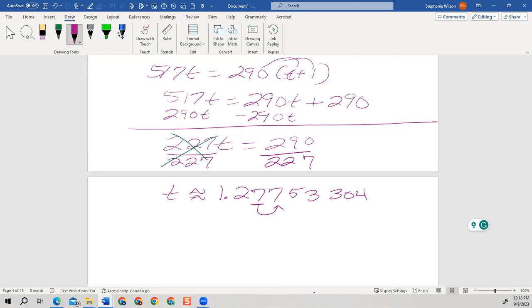I'm going to look behind it and ask myself, is this equal to or greater than 5? It's just a yes or no. And our answer is yes, because it is greater. All it has to be is yes to at least part of it. So that means I'm going to add 1 here. So I got 1.28 hours.